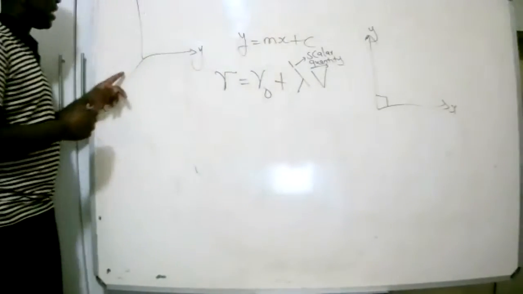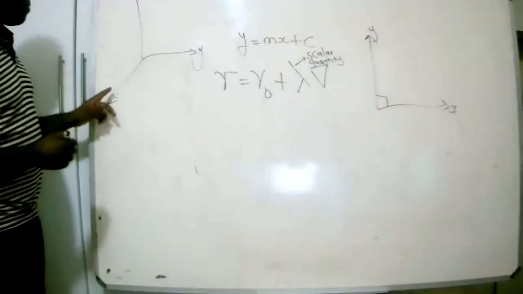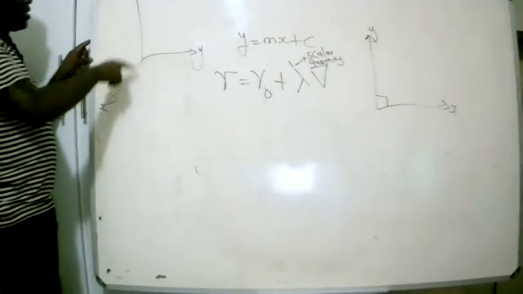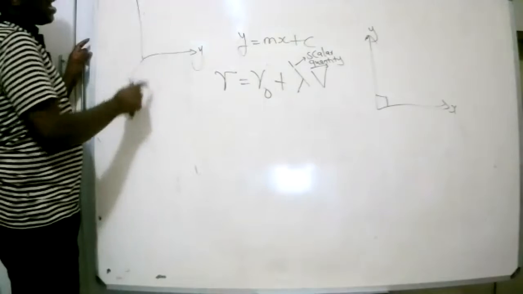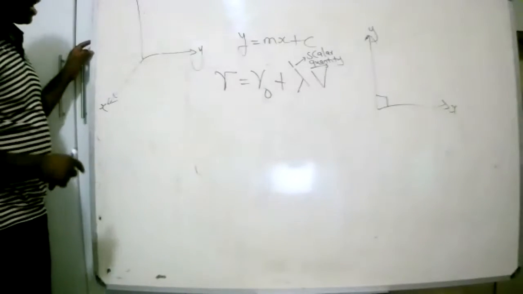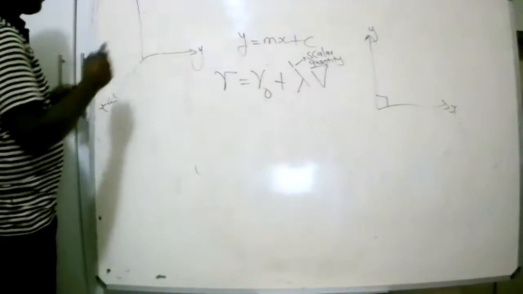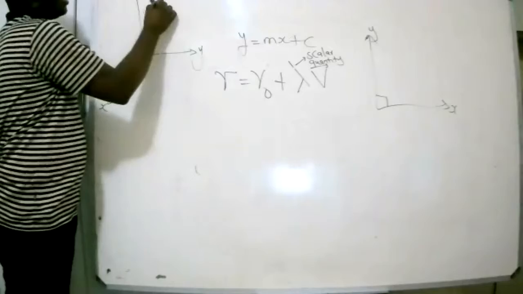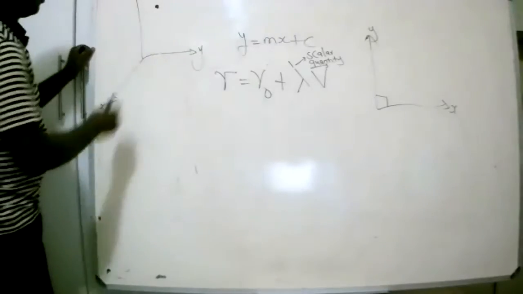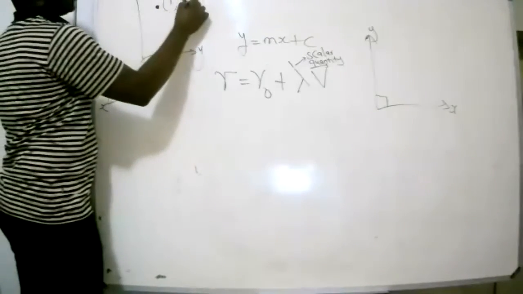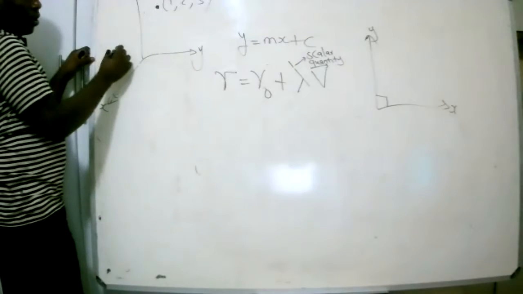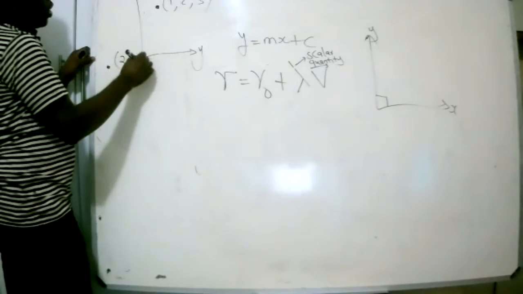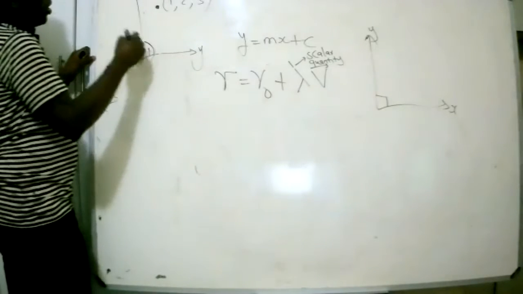But in this case we have 3 dimensions: x dimension, y dimension, z dimension. These 3 dimensions are perpendicular to each other. Let's say we have a point 1, 2, 3, and another point 2, 0, 1.